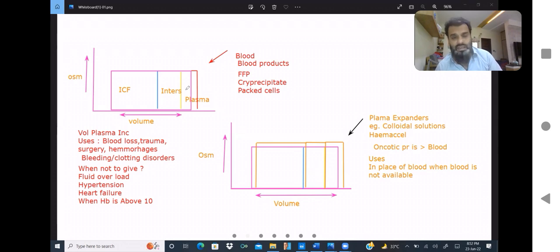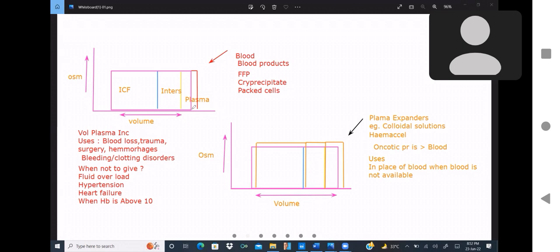And yet in here, when we will transfuse these things in the plasma, what will happen to the volume of plasma? Anyone? If we will transfuse blood to a patient, what will happen to the volume of blood in that patient? May increase. It will increase.